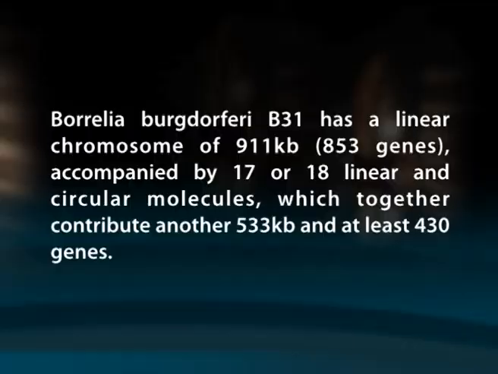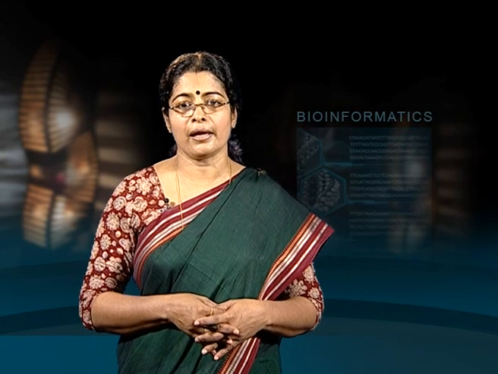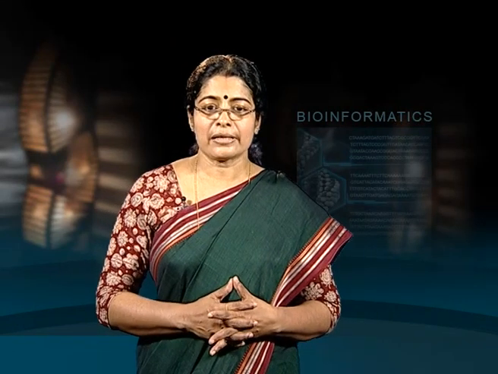For example, Borrelia burgdorferi B31 has a linear chromosome of 911 kilobase pairs, approximately 853 genes, accompanied by 17 or 18 linear and circular molecules, which together contribute another 533 kilobase pairs and at least 430 genes. Bipartite genomes, the genome segmented into two segments referred to as DNA A and DNA B, are now known in many other bacteria. In one respect, E. coli is fairly typical of other prokaryotes.